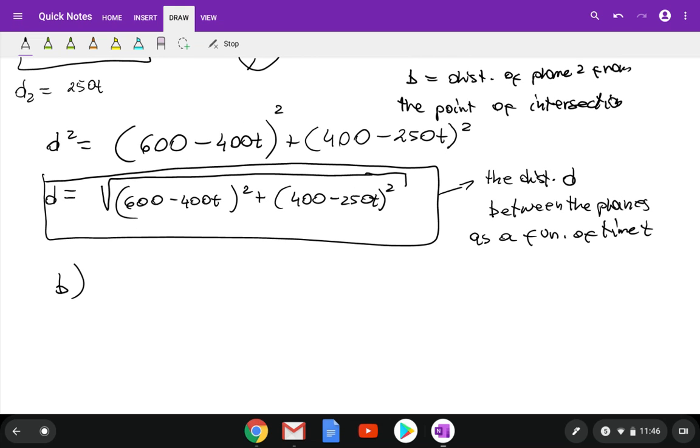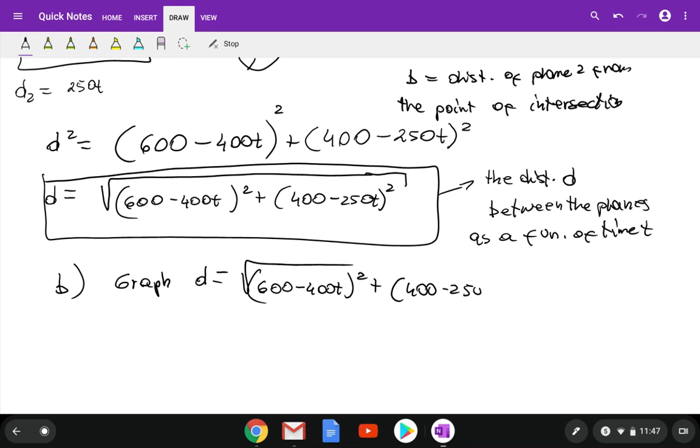Okay, now let's talk about B. Part B asks you to use the graph utility. They ask you to actually graph d equals the square root of (600 minus 400t) squared plus (400 minus 250t) squared. They ask you to graph that with graphing calculators, which we don't use in this class. That's why I'm going to skip it.